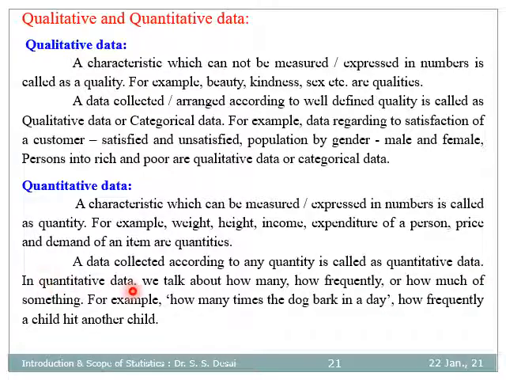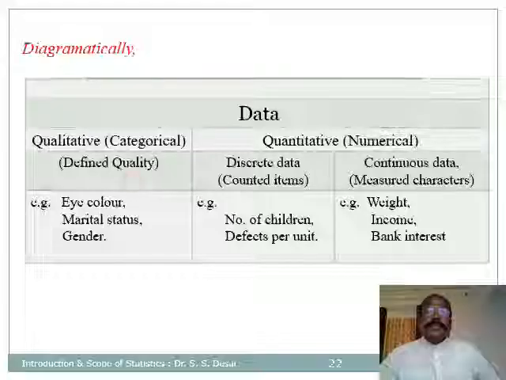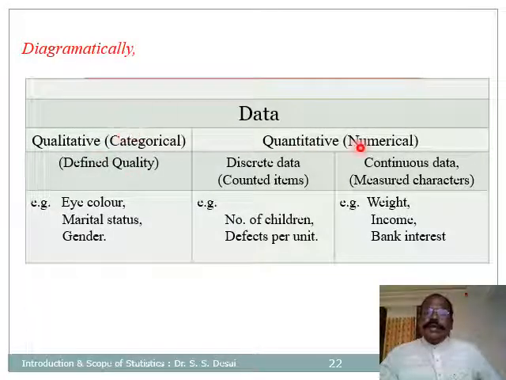In quantitative data, we talk about how many, how frequently, or how much of something. For example, how frequently a child hit another child. This is the tabular representation of the difference between qualitative and quantitative data and some of the examples related to that.